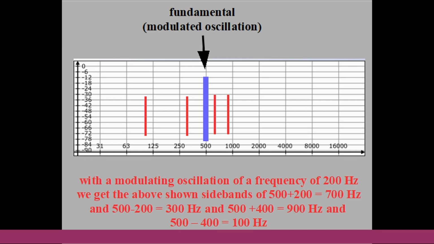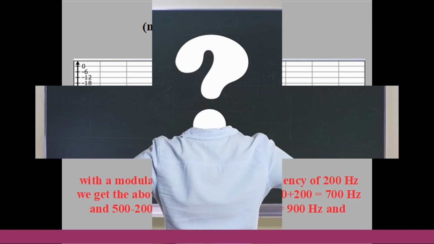Then, when I increase the strength of the modulation, what is the amplitude of the modulating wave, the next pair occurs at the fundamental plus two times the modulating frequency, and at the fundamental minus two times the modulating frequency, and so on. The stronger the modulation is, the more of these sidebands occur.